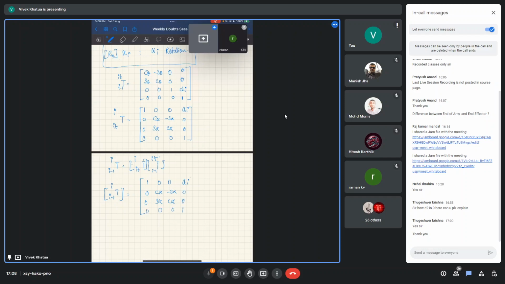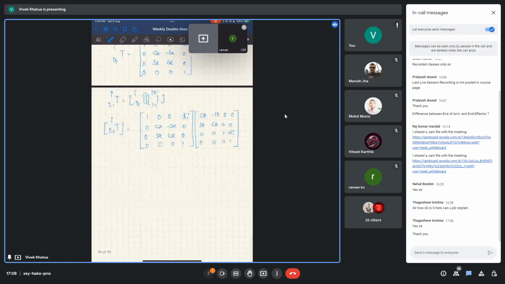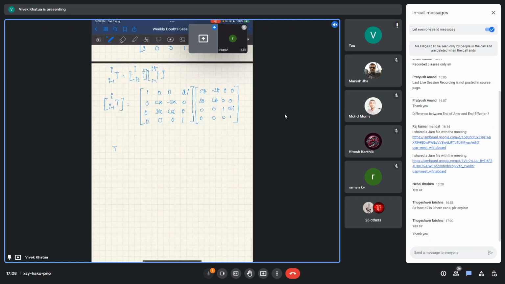This multiplies with cos theta, minus sin theta, 0, 0; sin theta, cos theta, 0, 0; 0, 0, 1, d i; 0, 0, 0, 1. By multiplying this, we'll get an elegant form of the transformation matrix, and we'll see something that gives us directly something.